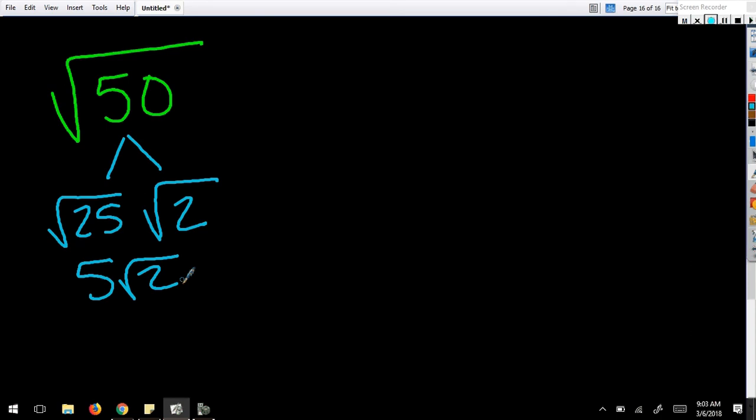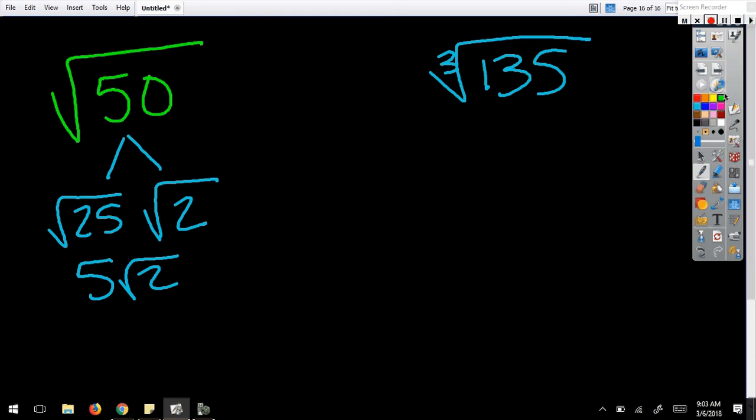So what if I had the cubed root of 135? And I want to do the same thing. I want to simplify it. Now, I'm not looking for the biggest perfect square to divide it by. I'm looking for the biggest perfect cube to divide it by.